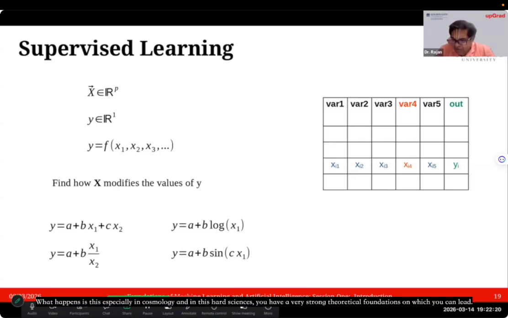What happens is this: especially in cosmology and in these hard sciences, you have very strong theoretical foundations on which you can lean.